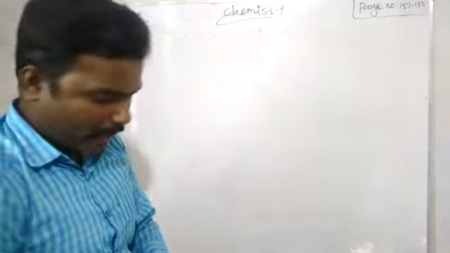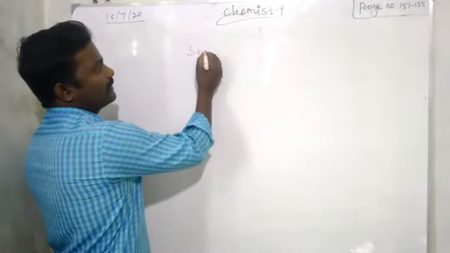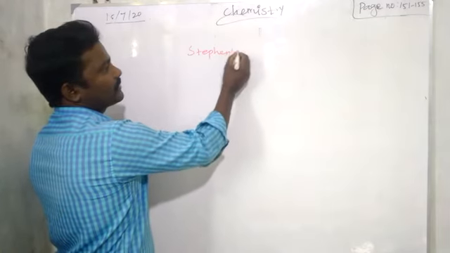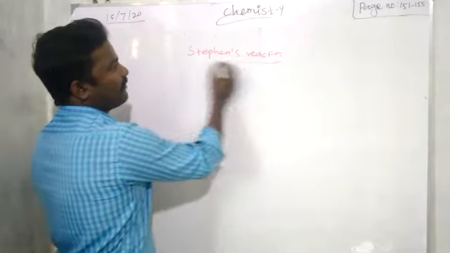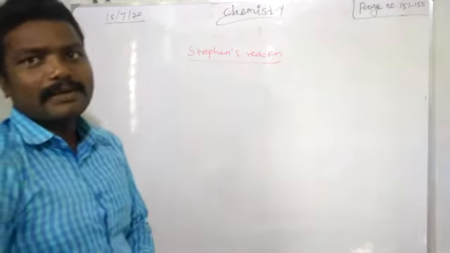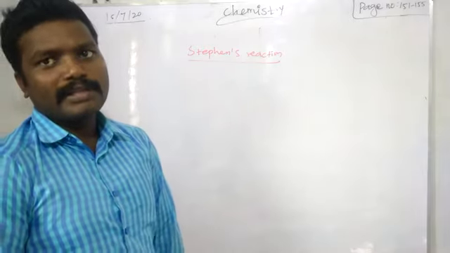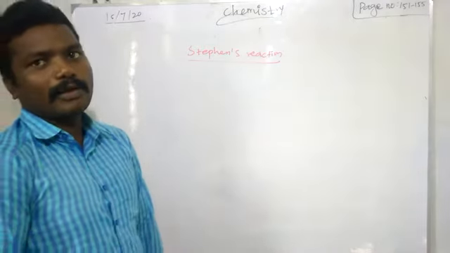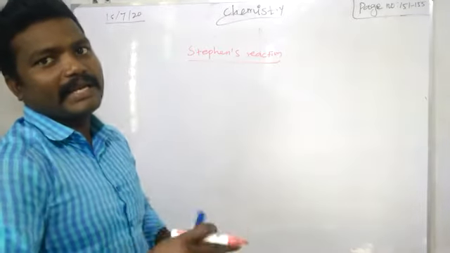The second important reaction, another named reaction, is the Stephen reaction. We take a cyanide compound in the presence of stannous chloride, SnCl2 with HCl, and we get an intermediate.